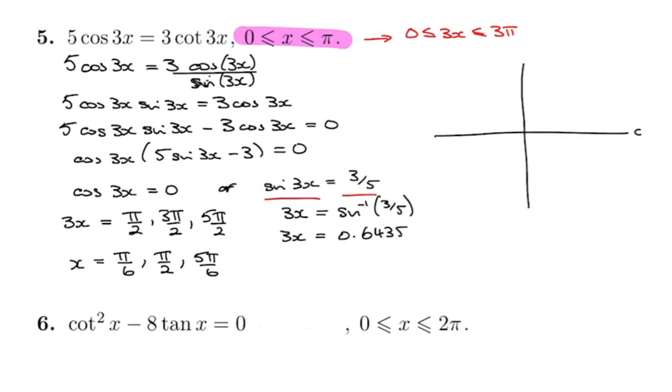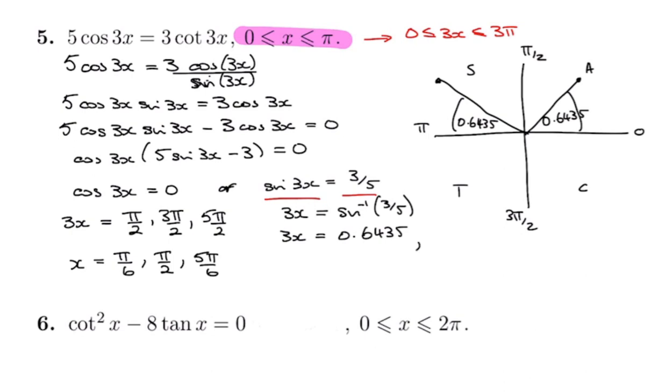That's my cast diagram. 0, pi over 2, pi, 3 pi over 2, C, A, S, T, and 0.6435 is about here. We'll be doing sine of a positive, so here's the next one, 0.6435. And remember, we need to keep going round until we get to 3 pi. So we're actually going to end up with 4 solutions.